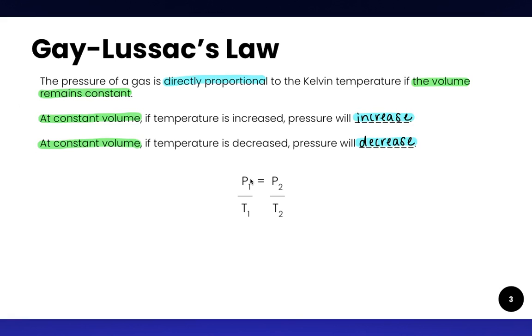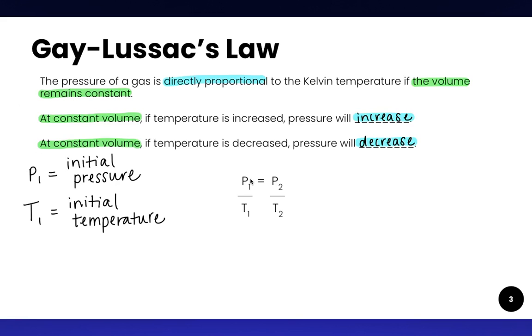So the mathematical formula that represents Gay-Lussac's law is P1 over T1 is equal to P2 over T2. This is where P1 is equal to the initial pressure, T1 is equal to the initial temperature.